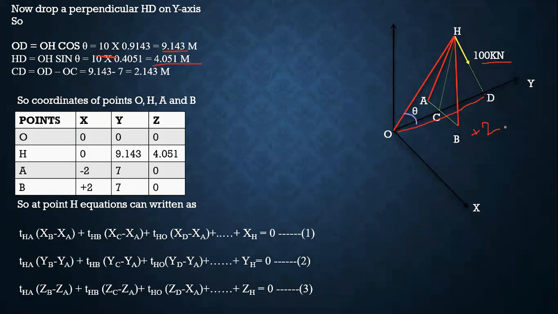At point H, the equation can be written like this: THA times (xb minus xh) plus THB times (xb minus xh) plus THO times (xo minus xh) plus xh. In the derivation we analyzed joint A, but in that figure we used point H, so we write the equation in H form.